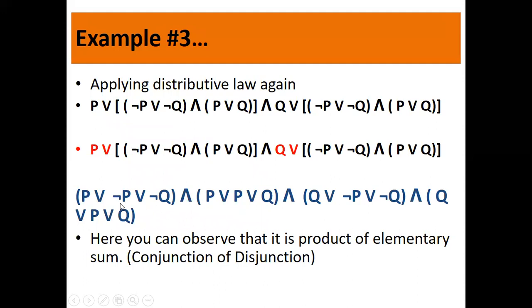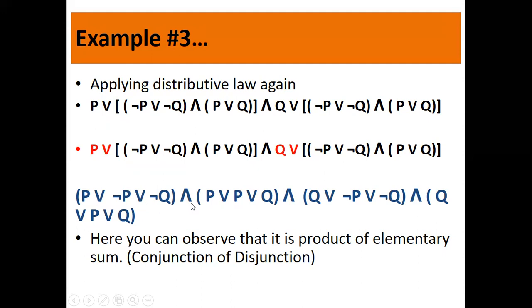Now if you look at the statement carefully, you have these clauses which are disjunctive clauses and are connected using conjunction, right? So this is a conjunction of disjunctions. Is it fine? So again, from the Boolean point of view, it is a product of sums, elementary sums.